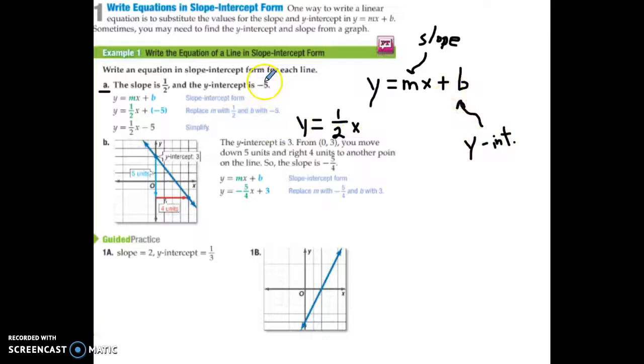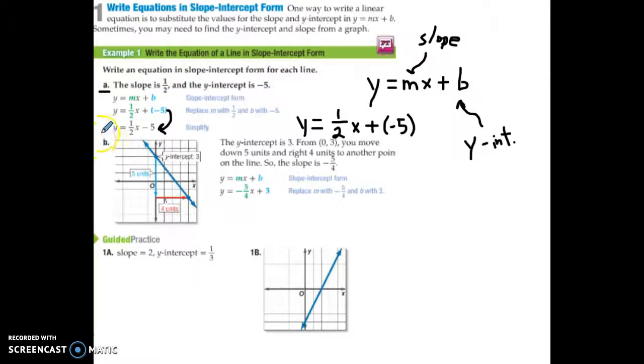My y-intercept is -5, so I'm going to add on a -5. Adding a -5 is the same as subtracting a +5, if you want to look at it like that. So the best answer is to rewrite it like this: y equals 1/2 x minus 5. But again, we're just plugging in the information. The slope goes in front of the x, the y-intercept goes at the end.